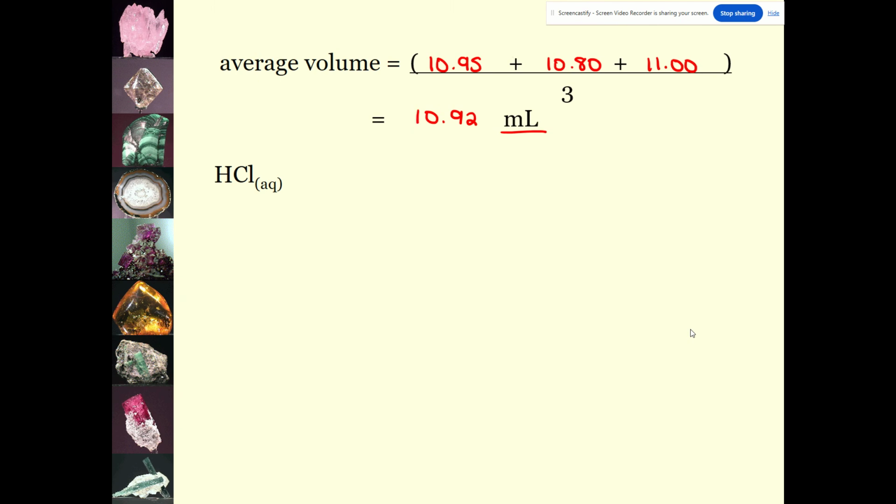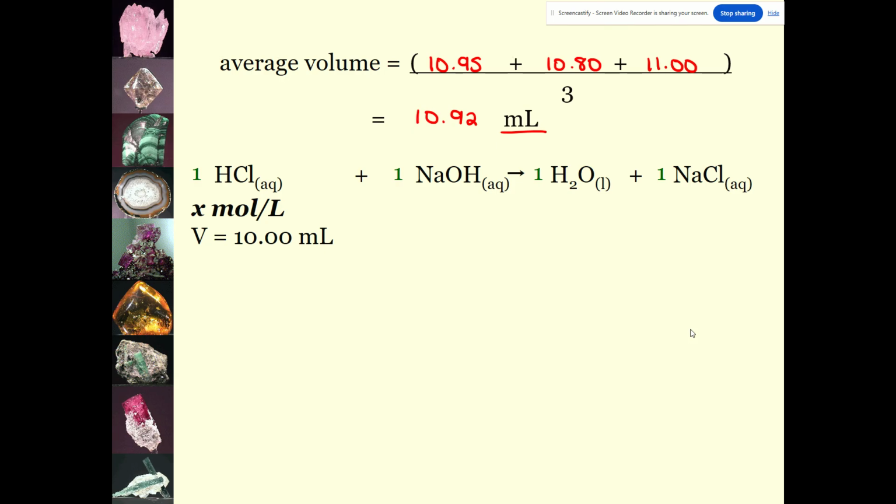Now I can go back and complete the question. So remember the question was saying that we are using a volume of 10 milliliters of the hydrochloric acid. I want to find the concentration of the hydrochloric acid.